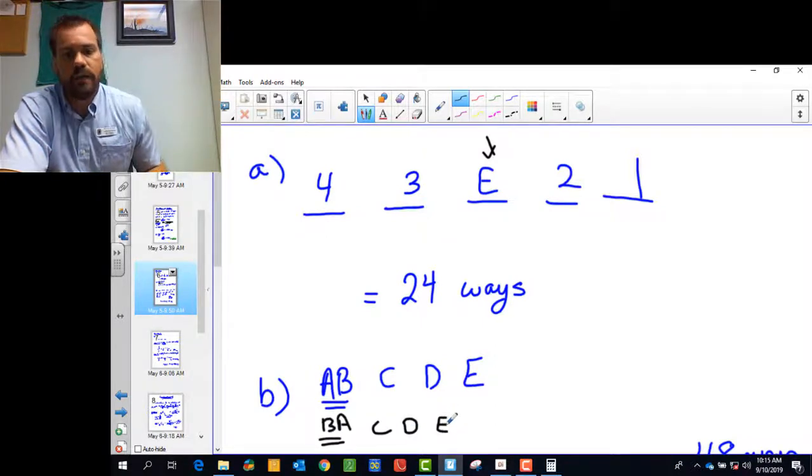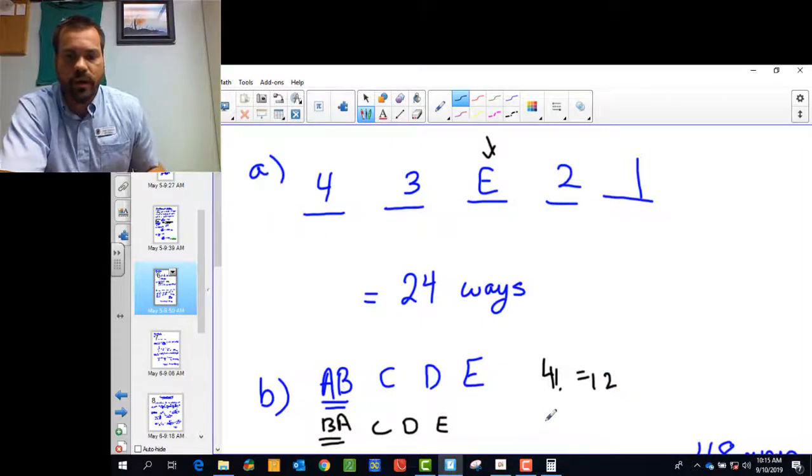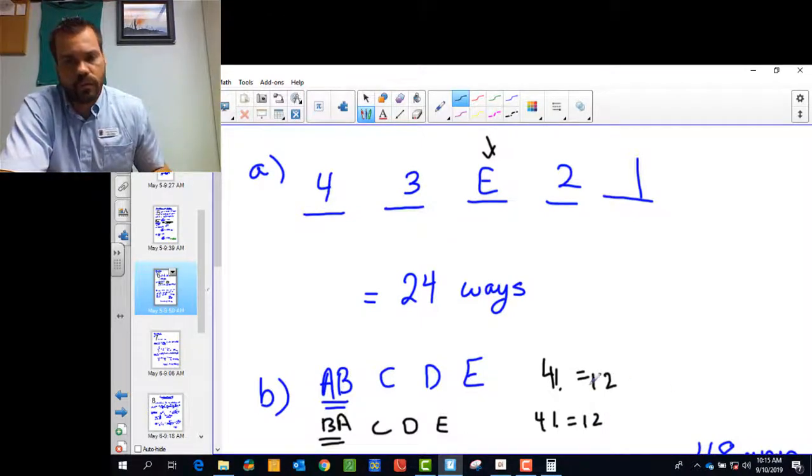So what we do is we take, in each case, the options are 4 factorial, right? Because there's 4 things. So there's 4 factorial there, that gives me 24, 4 times 3 times 2 times 1. And there's 4 factorial here, which gives me 24 again.